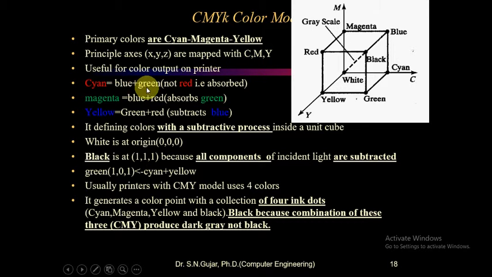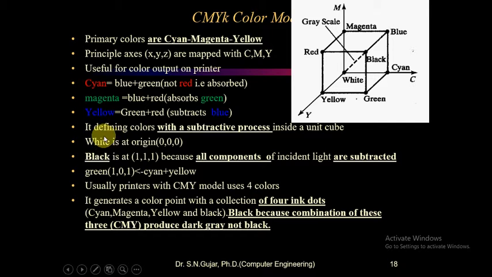Cyan is blue plus green, with red absorbed. Magenta is blue plus red, with green absorbed. Yellow is green plus red, subtracting blue. The basic use of the CMYK color model is for your color printer.